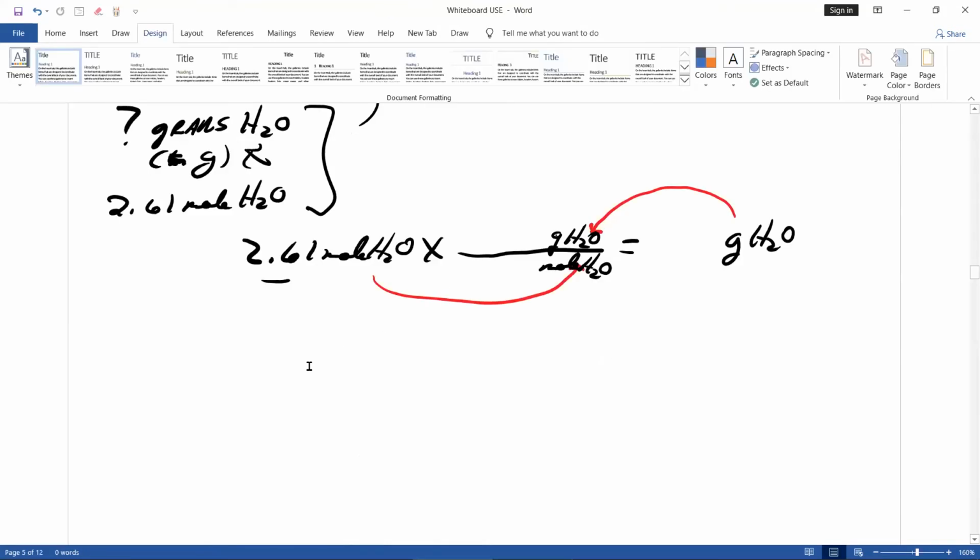Oh no, we've got to figure out the molecular weight of water. And water, the molecular weight in grams of water is the sum of all atomic weights, which we just did. So I'm going to go through this real quick.